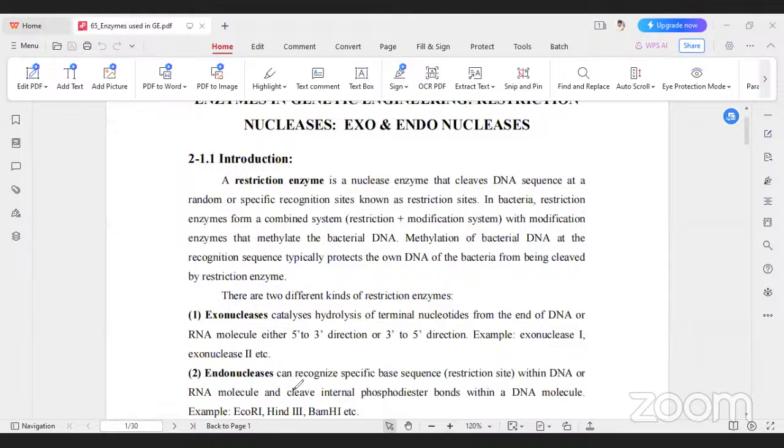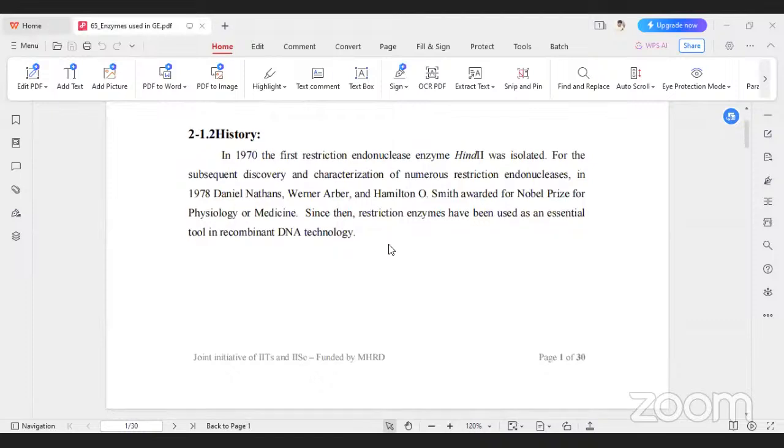And let's see some history. In 1970, the first restriction endonuclease enzyme, HindII, was isolated.